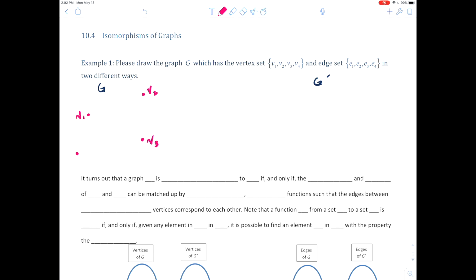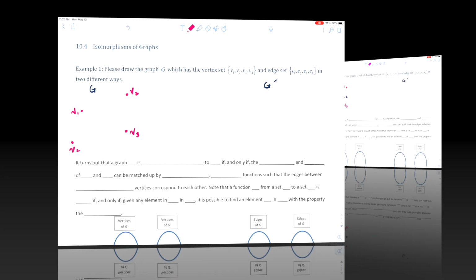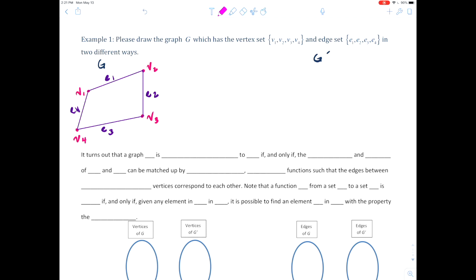So for the first one, I'll do it kind of like this. So for G prime, let's do something like this. Let's say we've got our V1 here, and let's call this one V3, and then V2 can be here, and V4, something like this.